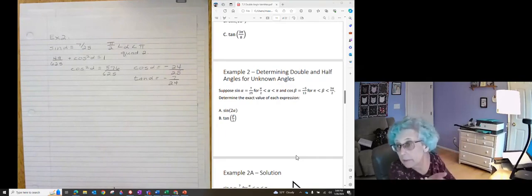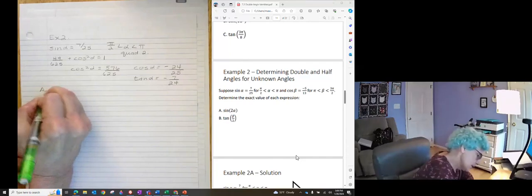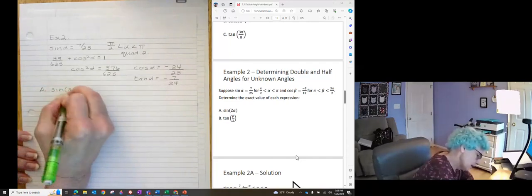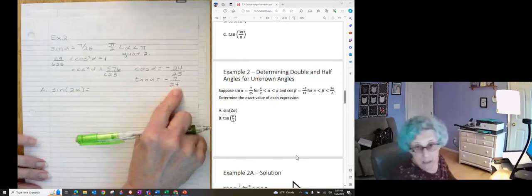And now I have everything that I need to do part A, because part A just asks me for the sine of 2 alpha. I didn't even need tangent.